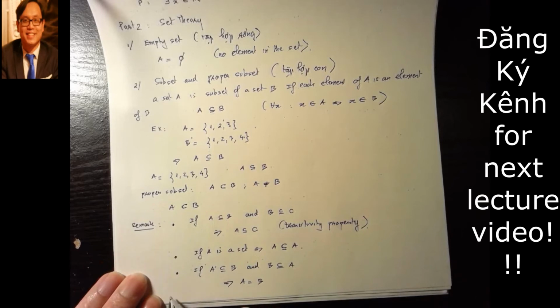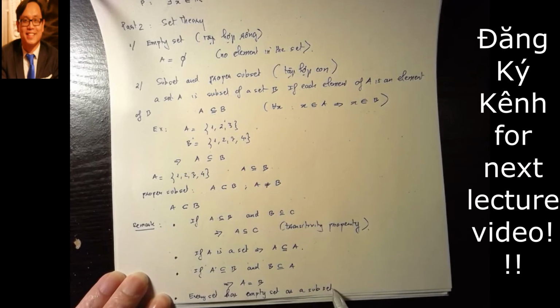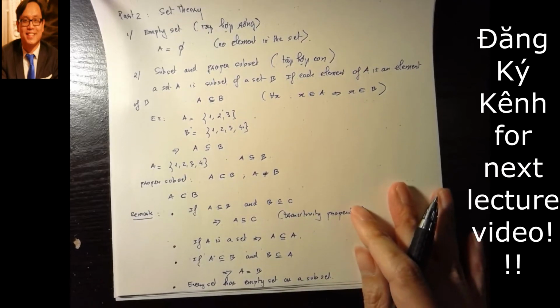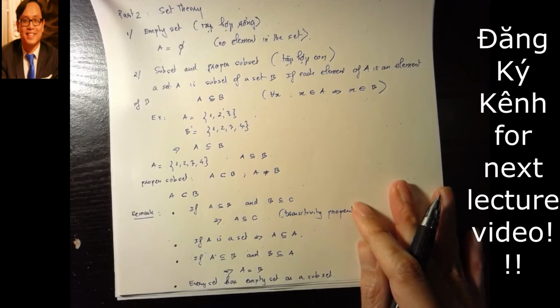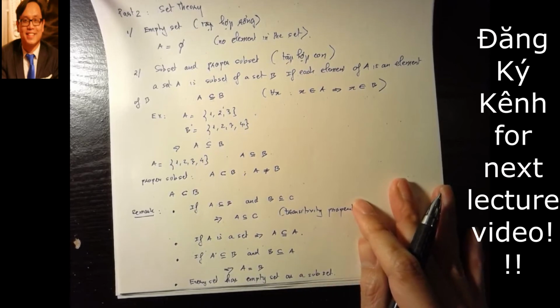And every set has the empty set as a subset. The empty set is a subset of every set. So given a set, I can say that the empty set is a subset of that set.